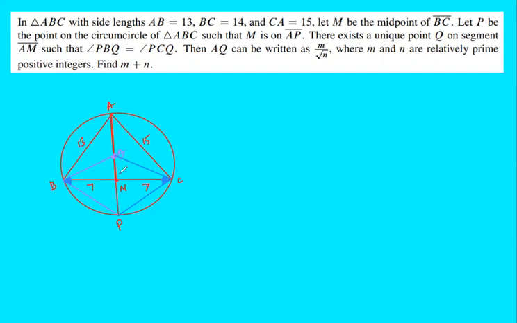So let's assume this distance right here, MP, is the same as MQ. Only if this is the same as this one, which means M is the midpoint of PQ, but we already know M is the midpoint of BC. So if you have two diagonals intersecting each other, that has to be a parallelogram.